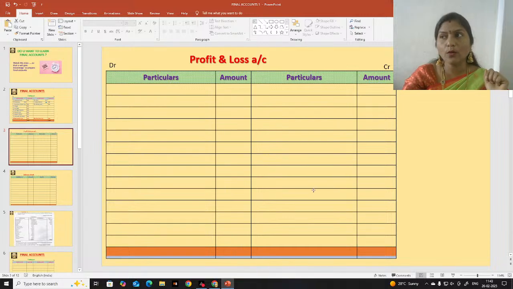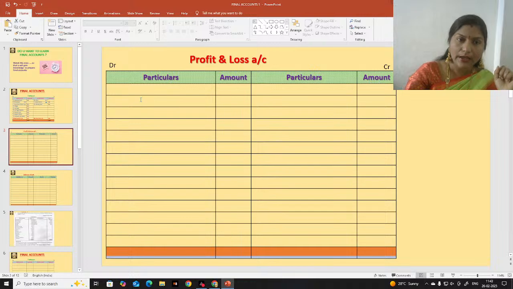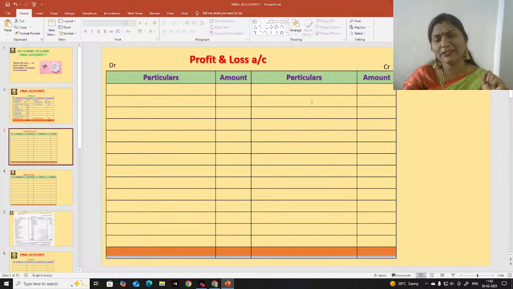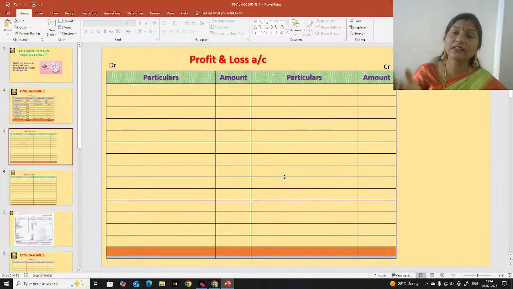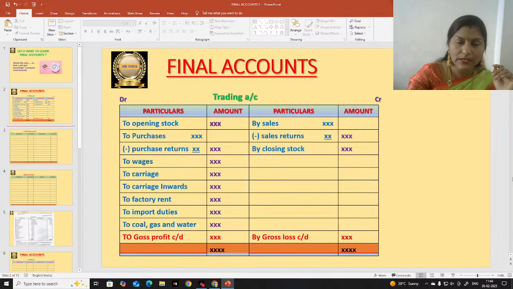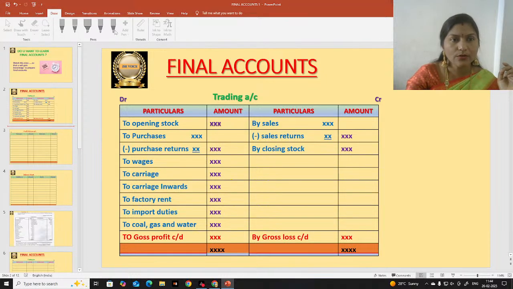But if you write only profit and loss account, then it is also fine. And on the debit side and credit side, what items are you going to write first in the profit and loss account? You are going to write first the answer of the trading account. Here you see what are the answers of trading account. I will show what are the answers of trading account here.